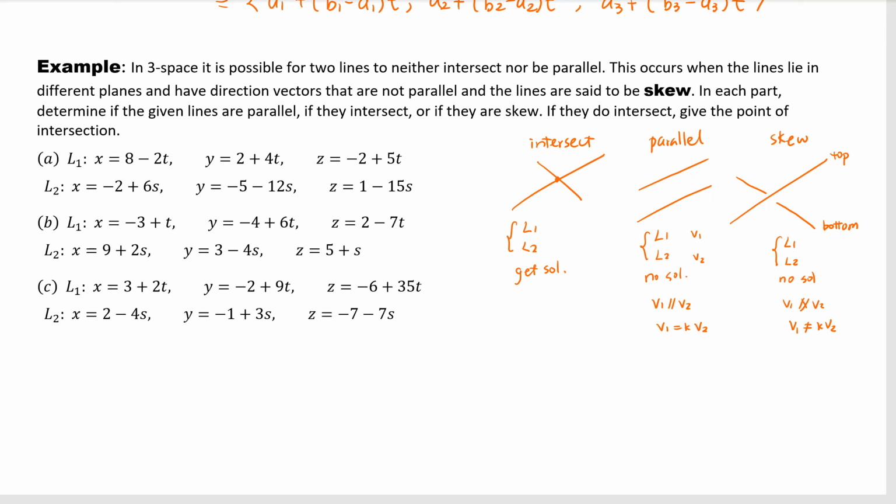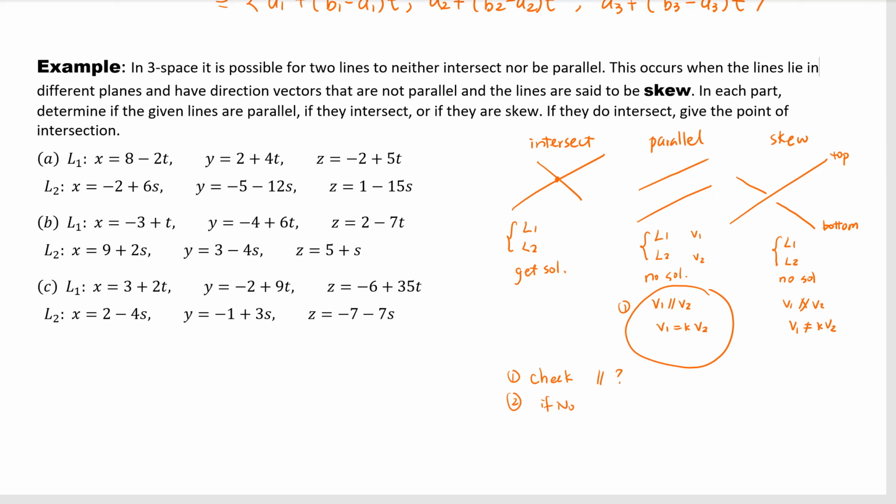So far, so good? Okay. And usually checking whether they are parallel is easier than solving the system of equations. So we first check whether they are parallel. If yes, then they're parallel.